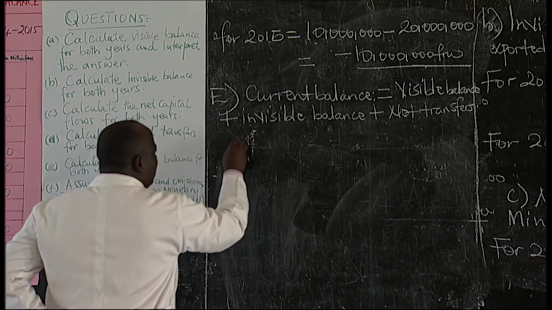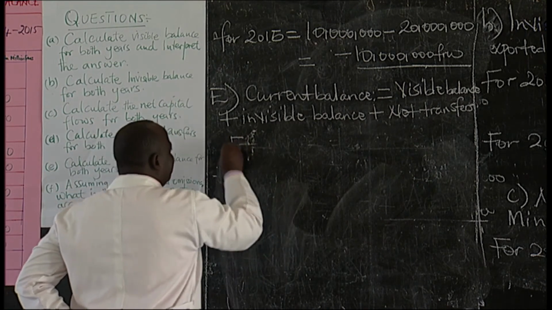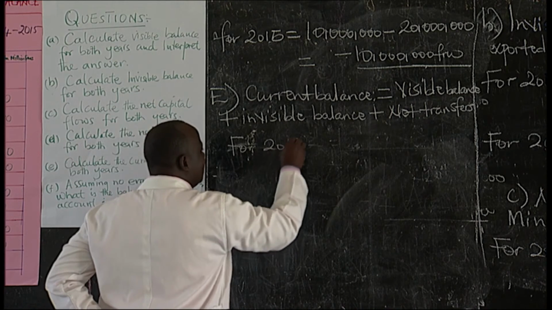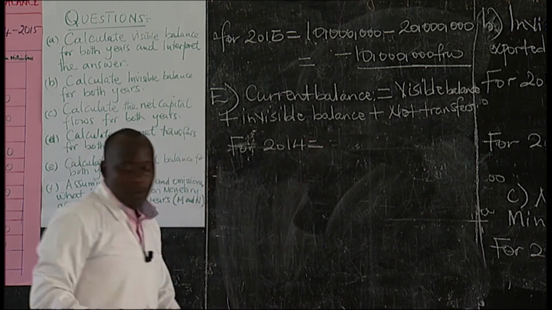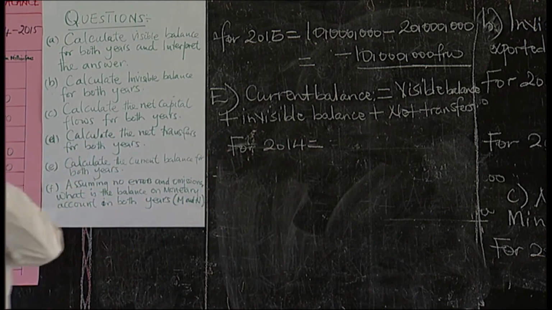Now, this is for both years. For 2014, what was the visible balance, the value?